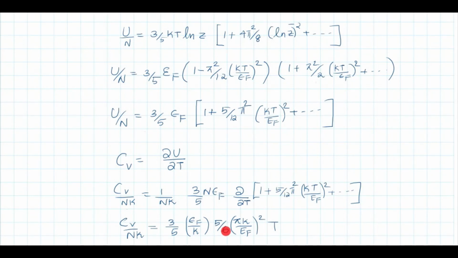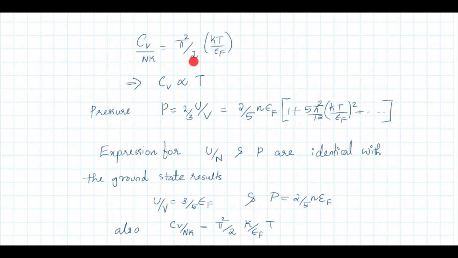So it is 5 by 6 pi square (k by EF) whole square into T. Solving this, cancelling the terms, 5 you can cancel, 3 and 6 you can cancel, and you will get pi square by 2 into kT by EF. So CV by Nk is pi square by 2 into kT by EF. CV is proportional to the first power of temperature.